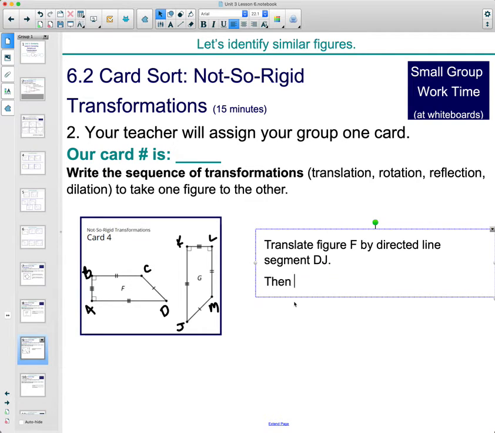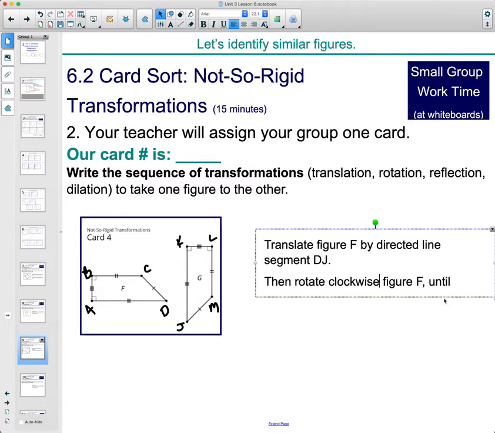Then we would want to rotate figure F until, and then pick any of the points, because now they're lined up. Now D is lined up with J, so now you're just going to rotate until one of these lands on its counterpart, or its corresponding angle. So I'm just going to say C lands on M. You can put the direction if you want to, clockwise or counterclockwise will get you there.